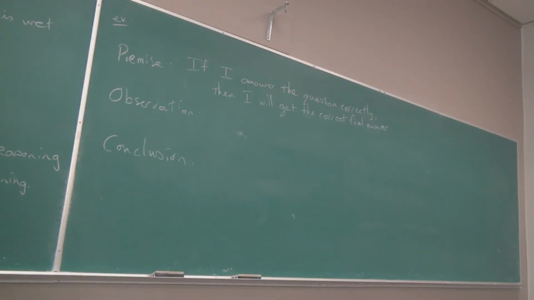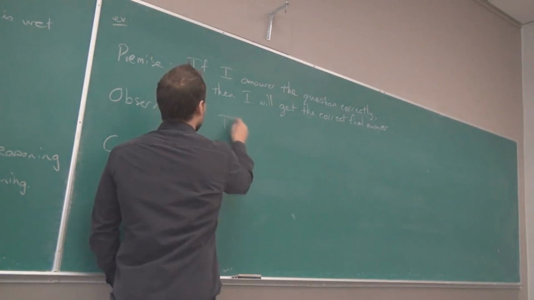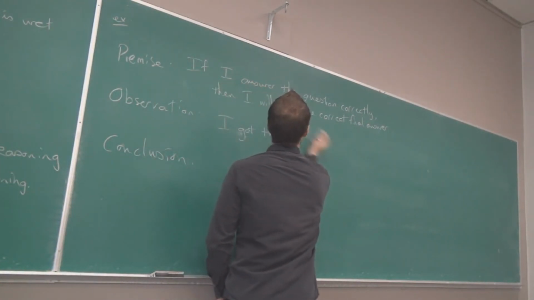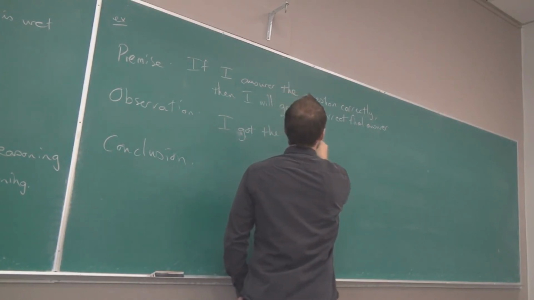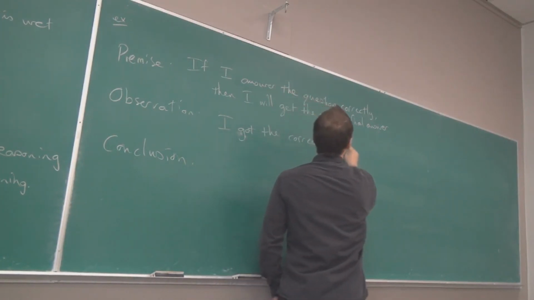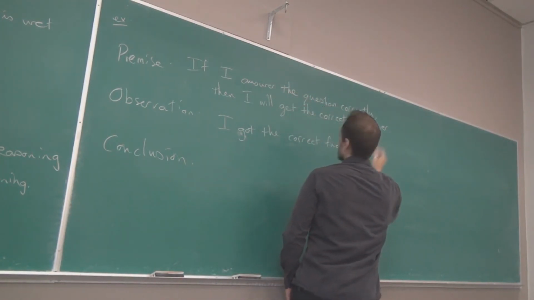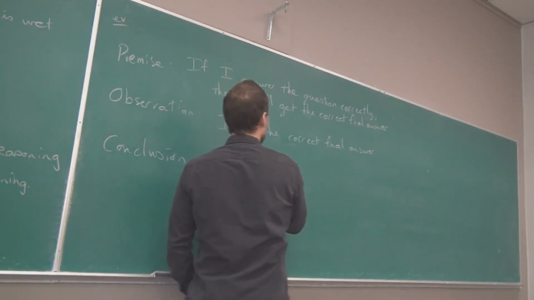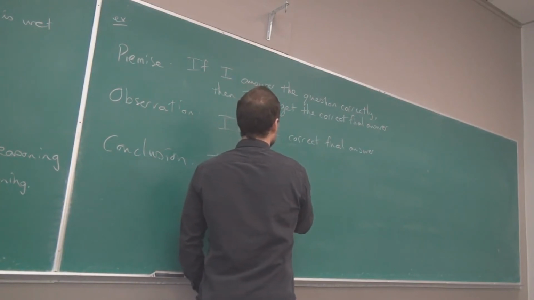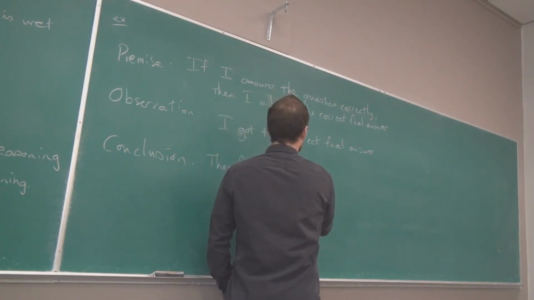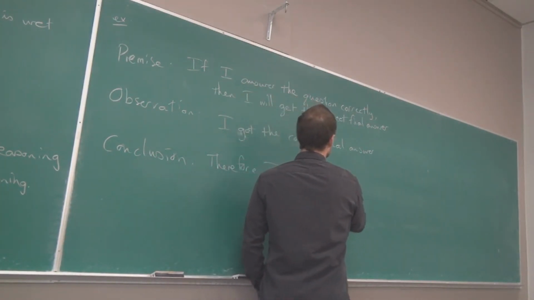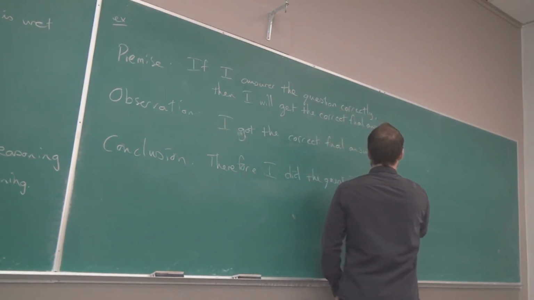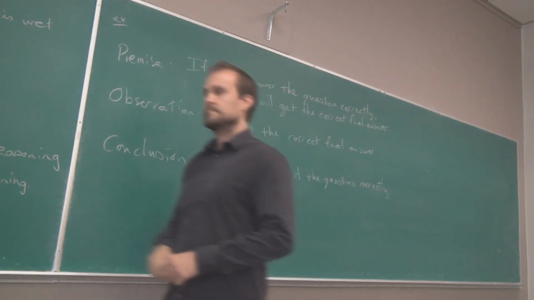Now little Timmy comes to you and says, "Teacher, but I got the right answer, or correct final answer. Therefore, why am I not getting all my marks? Because obviously then I did the question correctly, and I should get all my marks."